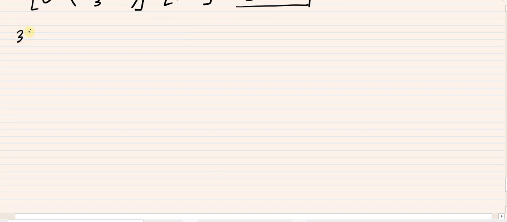In exercise number 36, the question reads, evaluate the integral from 1 to 5 of the square root of 2x minus 1 dx. Okay.